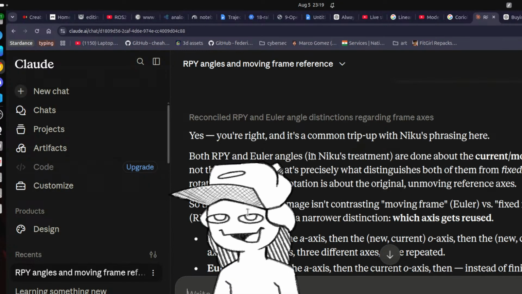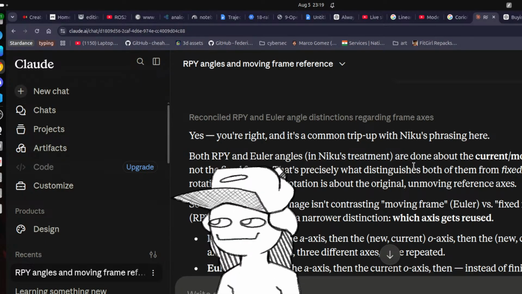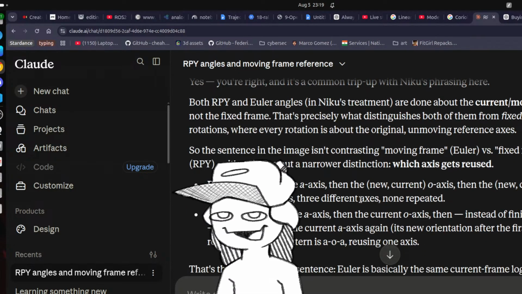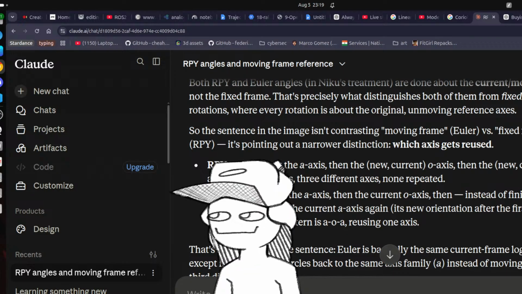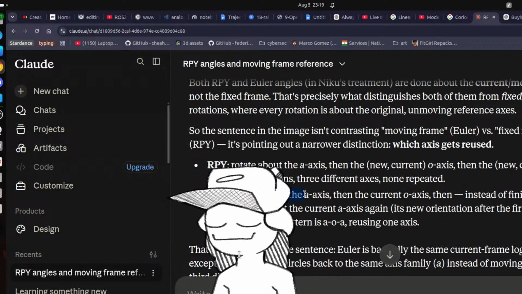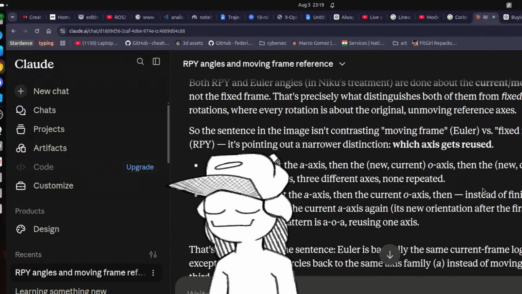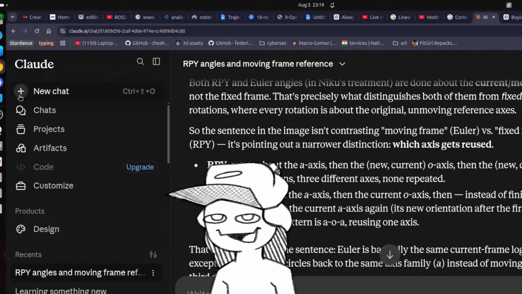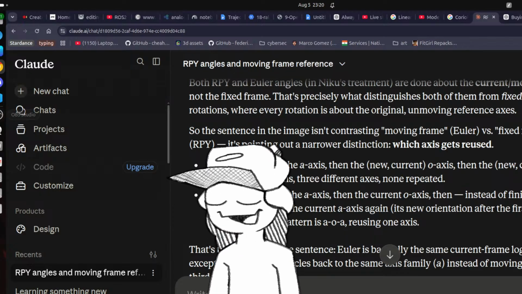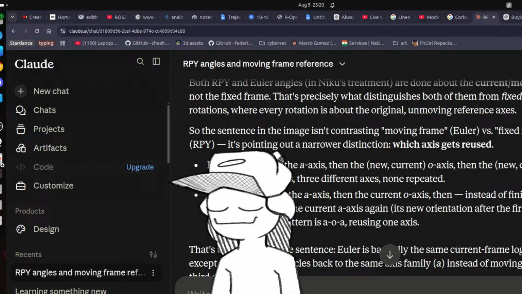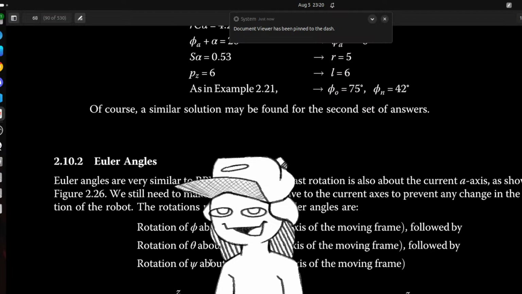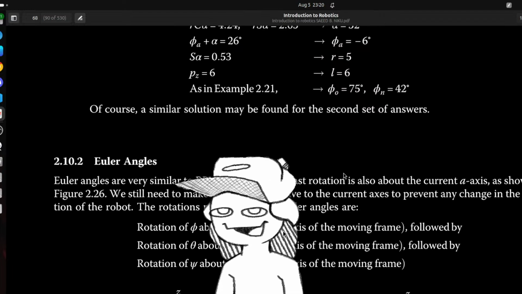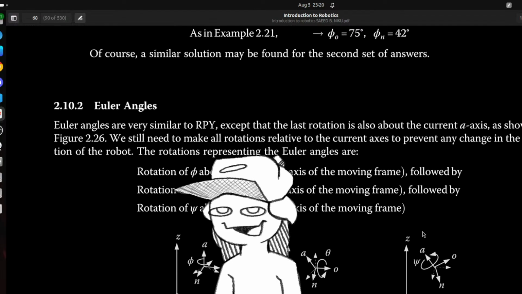Those are given Euler angles about the current moving frame. Non-repeated Euler representation and oh. This is also about the axis.